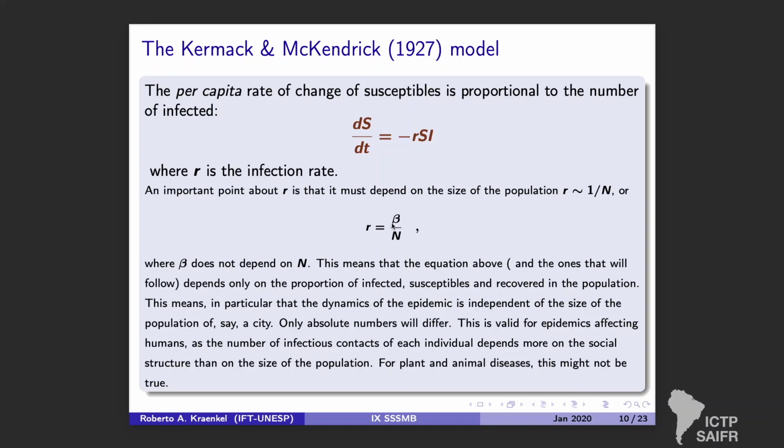If you write it in this way, then you have dS/dt equal to beta over N times I times S. And now, if I divide both sides by N, I will use lowercase s for S over N, which is the fraction of susceptibles in the population of size N, and a small i for the proportion of infected persons.